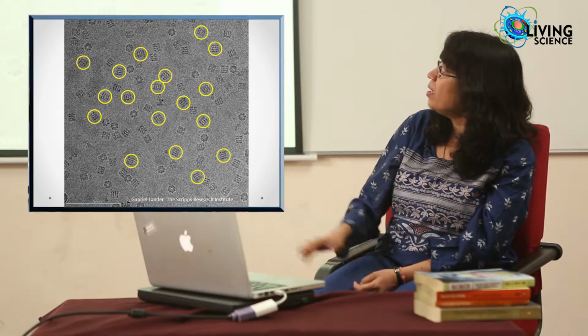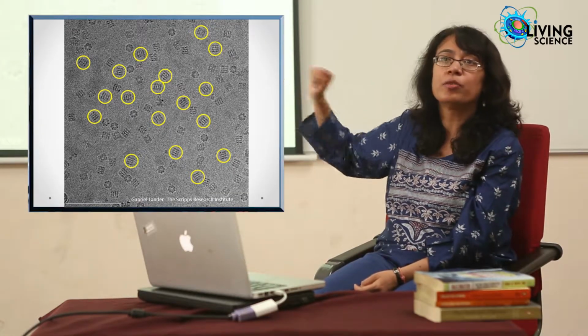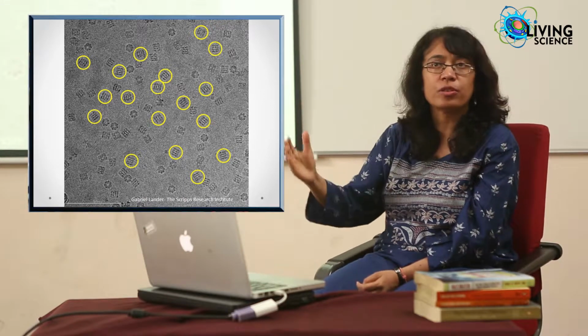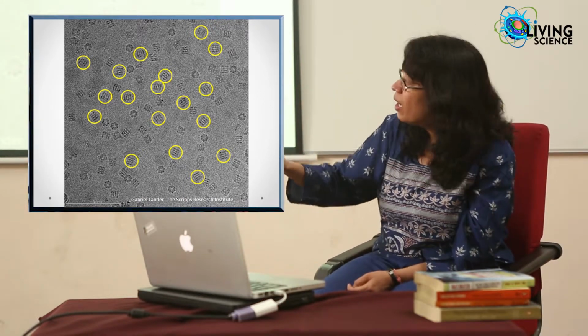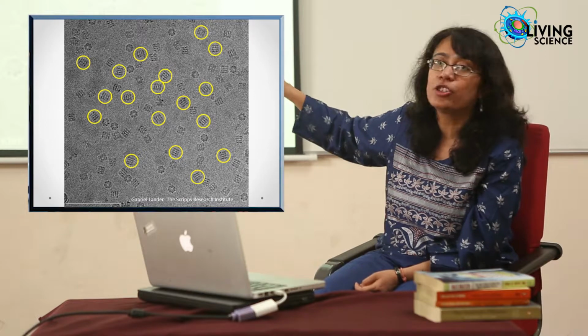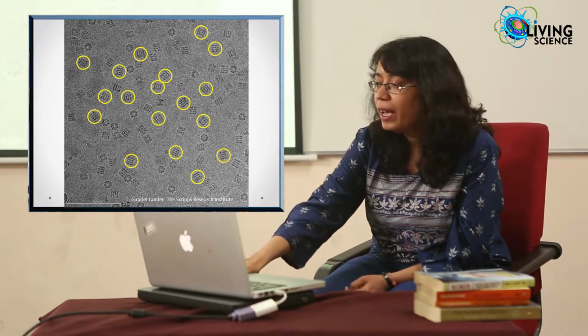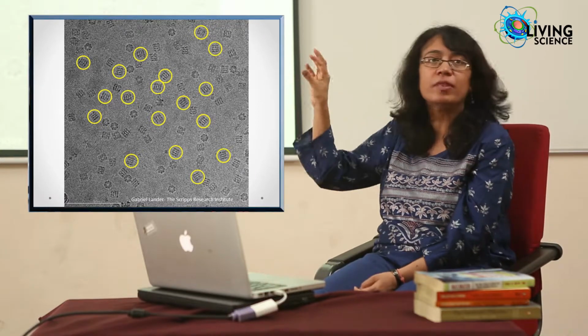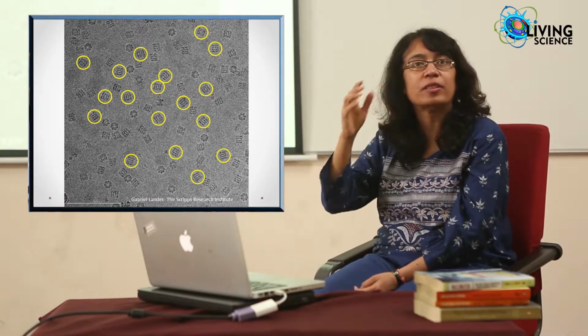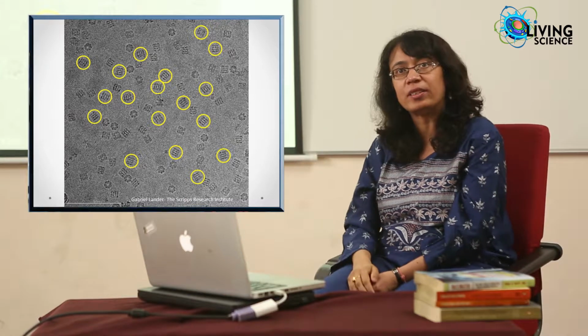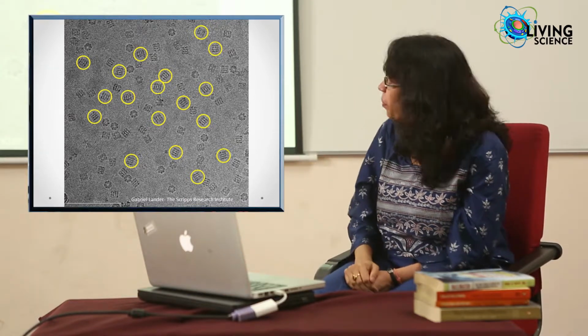So to show this to you pictorially, these are the micrographs or the images, and one typically collects thousands of these micrographs. And these contain images of the biological molecule, all in different orientations, as you can see. And then one picks these particles. Now, this is a method which can be done in an automated fashion or manually.